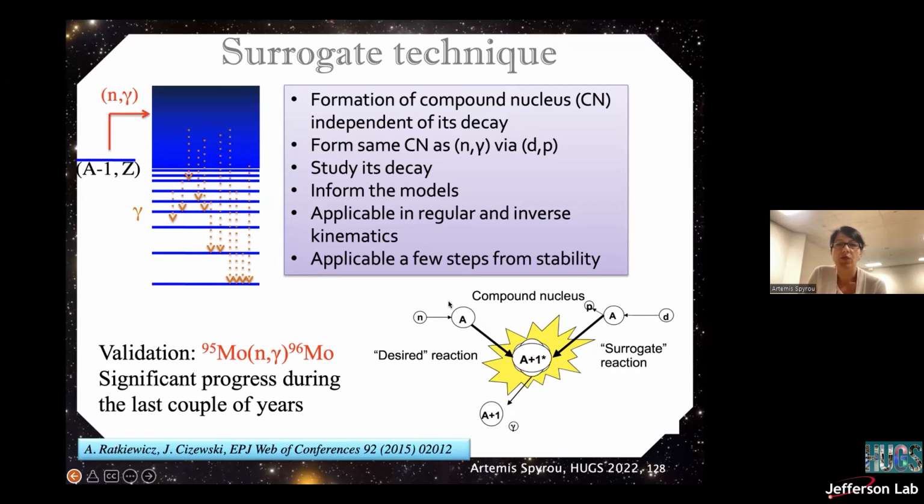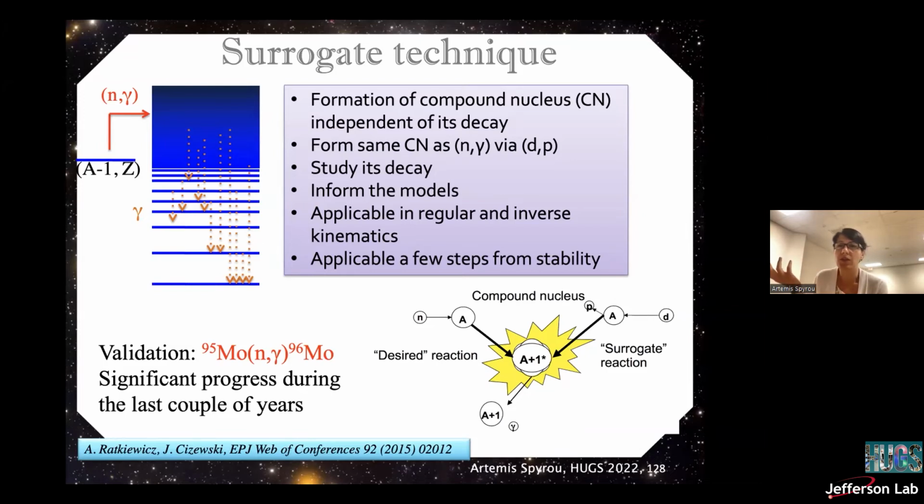Instead of doing the neutron plus your target, you could do a deuterium plus your target, and then the proton is coming out. So again, the neutron is the one that got transferred into the target. It's a pretend neutron capture, but it's not 100% neutron capture. The angular momentum considerations are different.